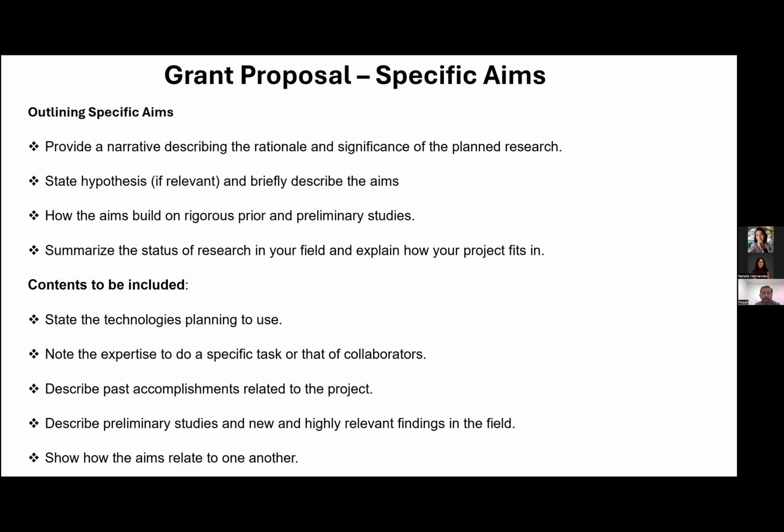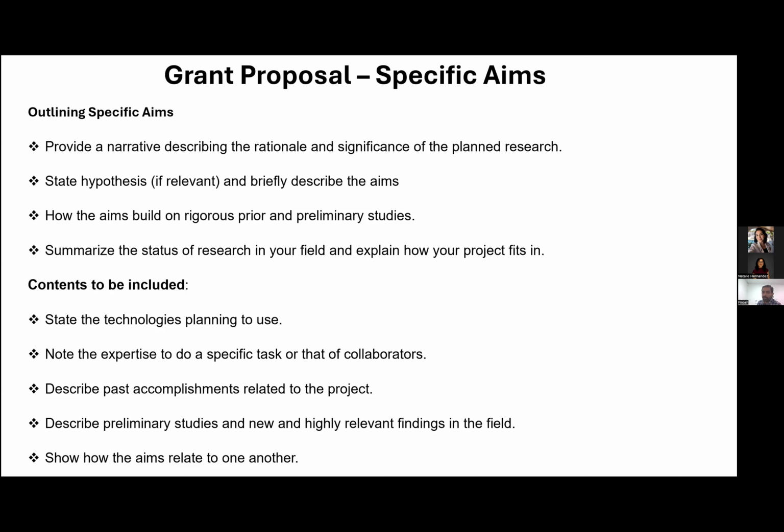Clearly mention that, and describe the past accomplishments related to the project. For example, if you had a project before and were successful in developing some therapies, strategies or technologies, just mention that. That will give credibility to your scientific research.